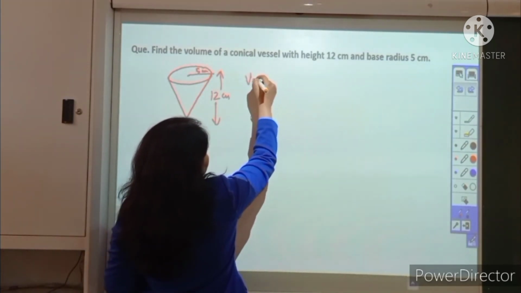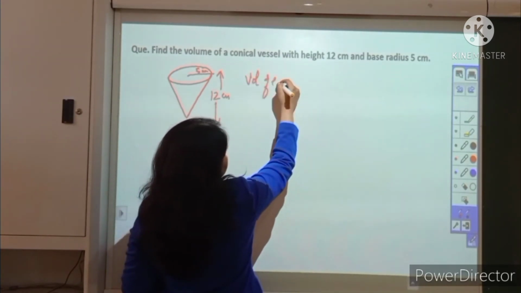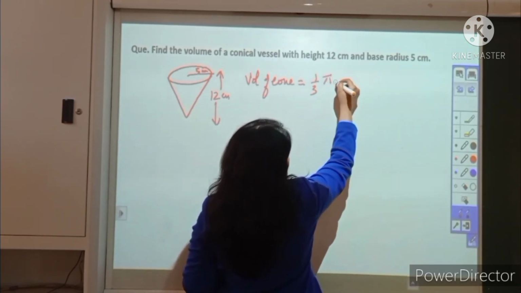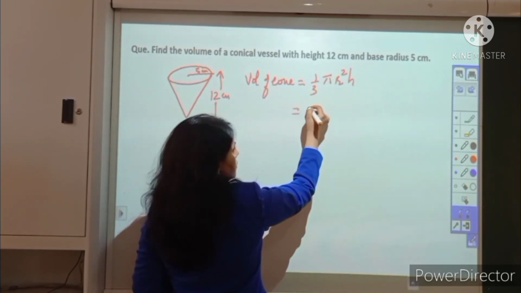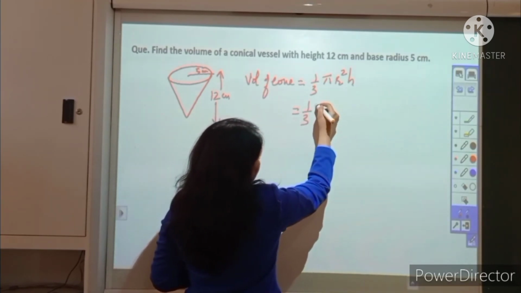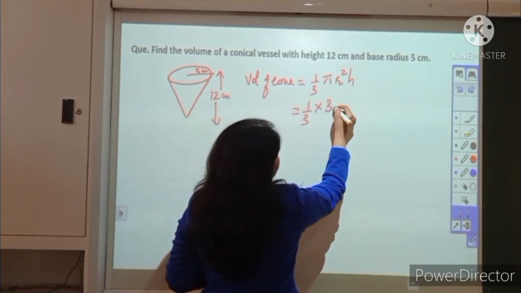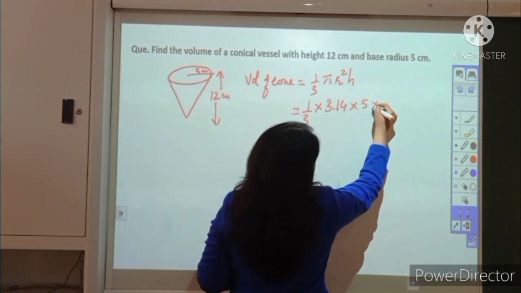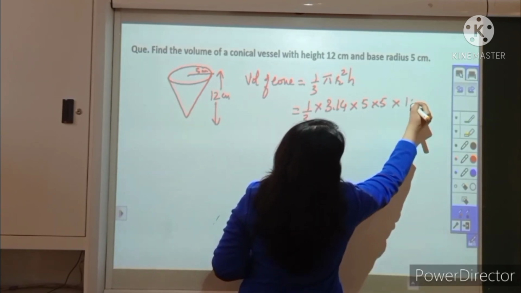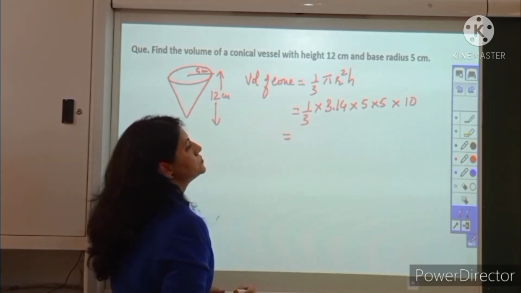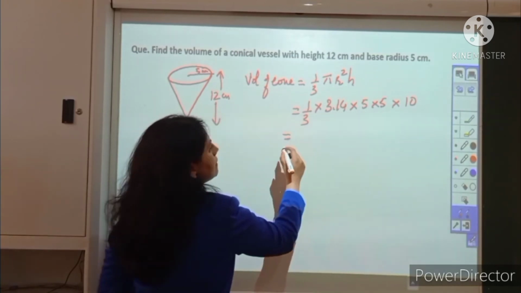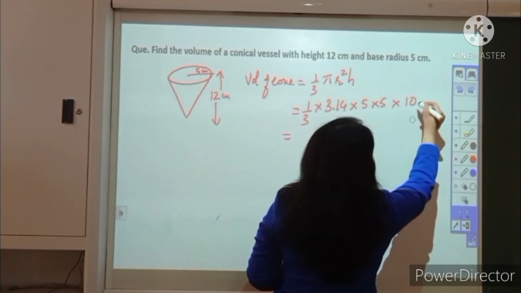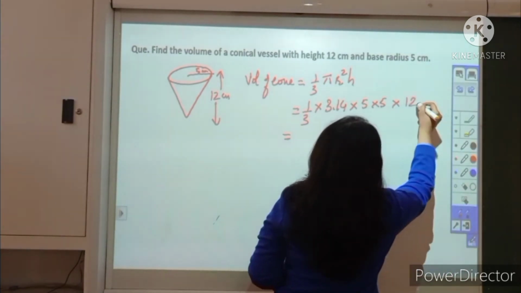Since we know the volume of a cone is 1/3 of pi r squared h, we get 1/3 of 3.14 times 5 times 5 times 12.